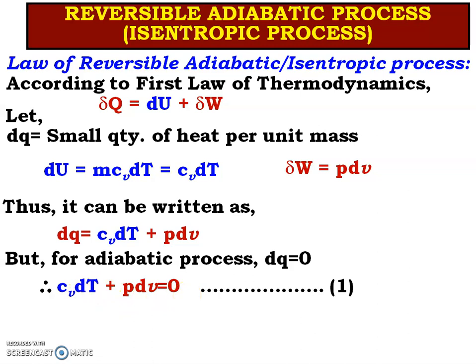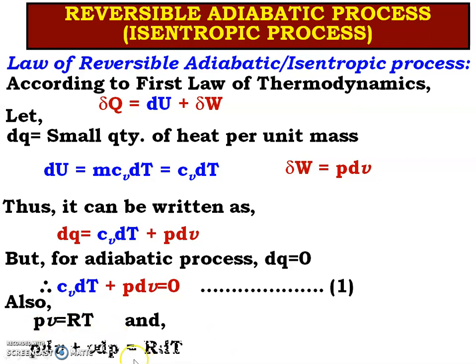Now we know that our characteristic gas equation is PV is equal to RT. Now taking the derivative of this equation, we are going to get PdV plus VdP is equal to R into delta T, where R is constant.